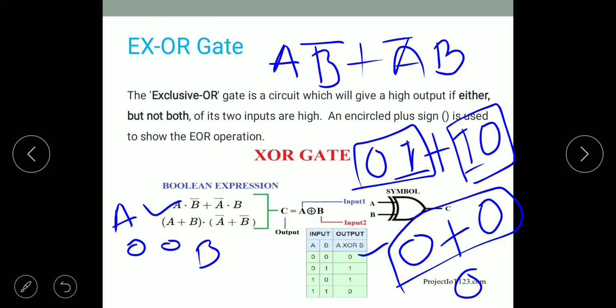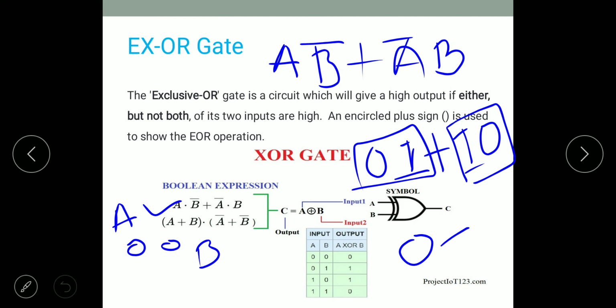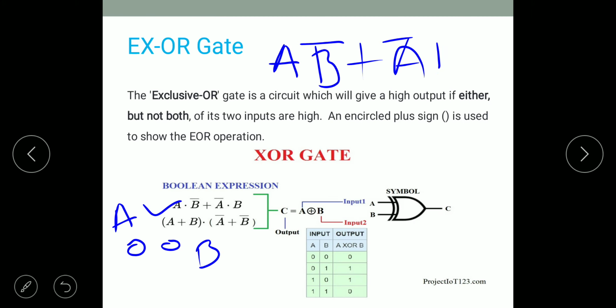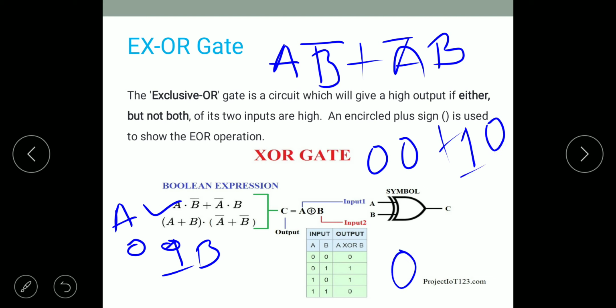If we take the second combination 0 1, then A is 0 and B is 1 here. So A is 0, B is 1, so B bar is 0.